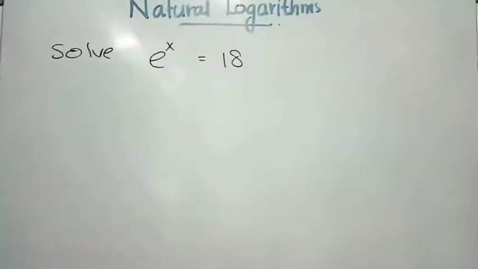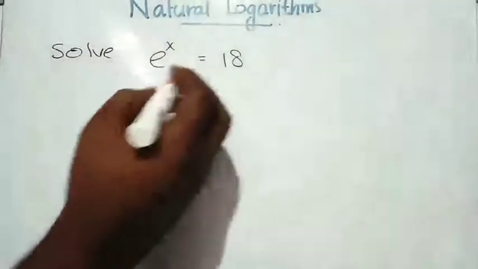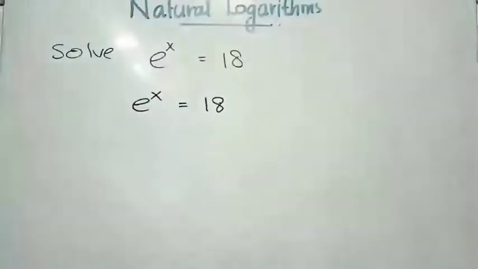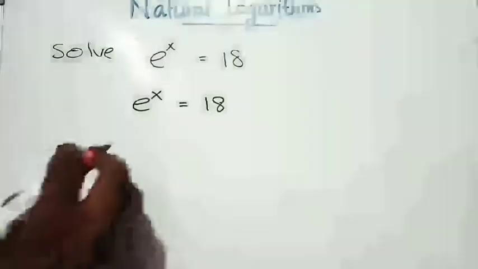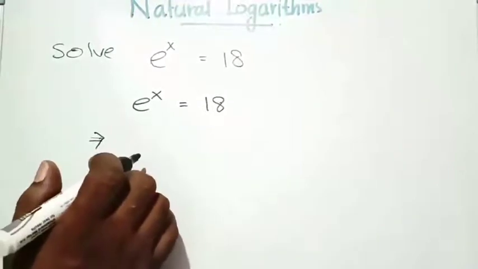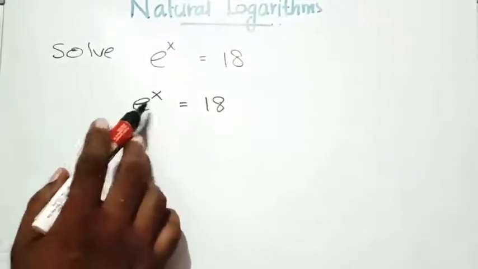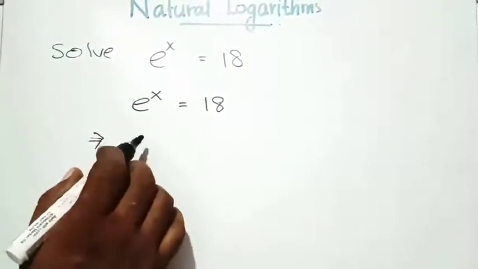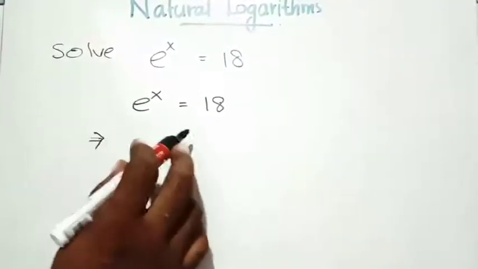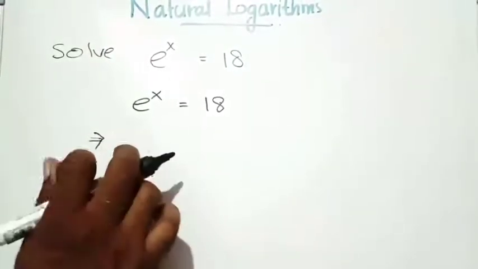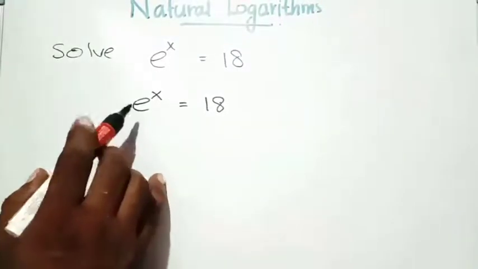Now let us solve a few problems from natural logarithms. First question: e raised to x is equal to 18. Here you can convert it into logarithmic form, so we get x is equal to log 18 base e. Otherwise, the simple way is to apply logarithm on both sides, here the natural logarithm because it is e.